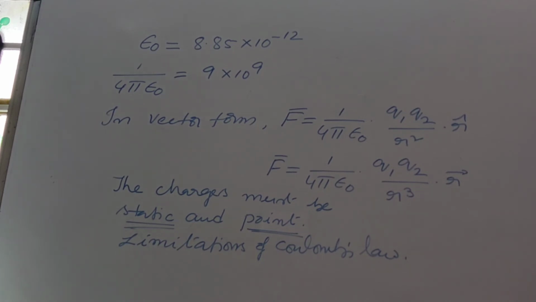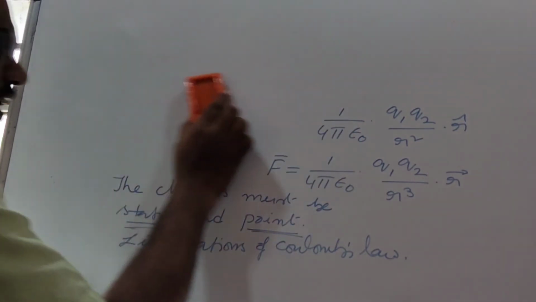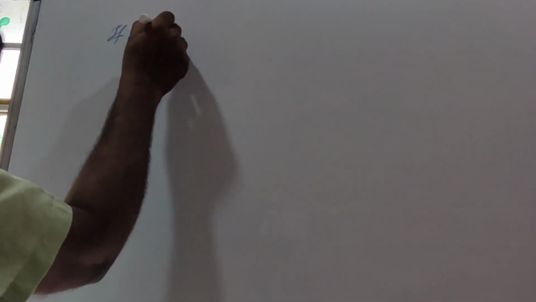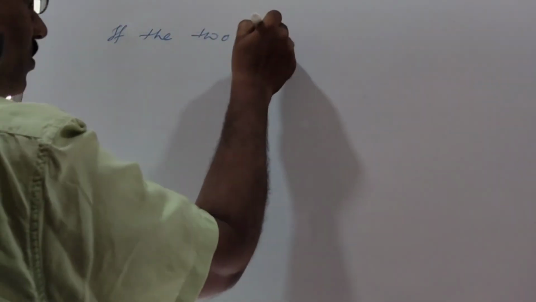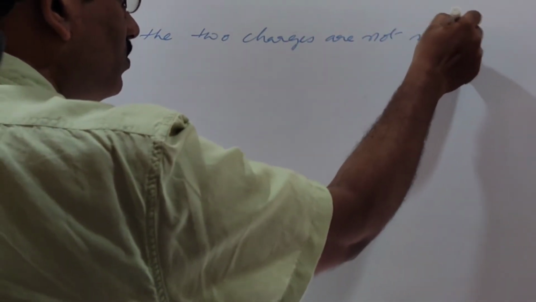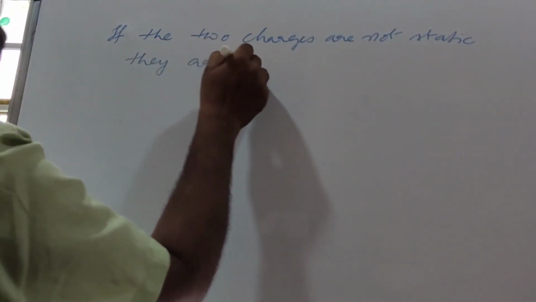Let us see now what happens if we don't take static or point charges. First, if the two charges are not static, not static means they are moving, they are in motion.